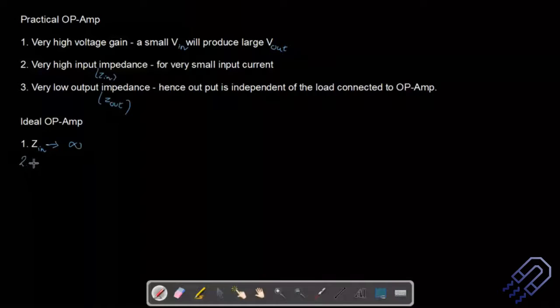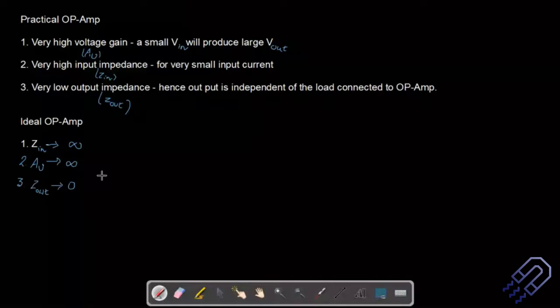On the other hand, considering the voltage gain, let me denote it as AV. Usually it's denoted with AV. This should again be infinity, very high. And the third case is the output impedance Z out, which will be 0.